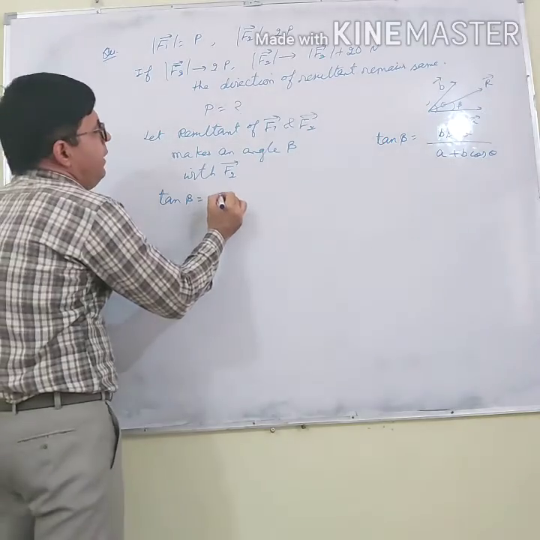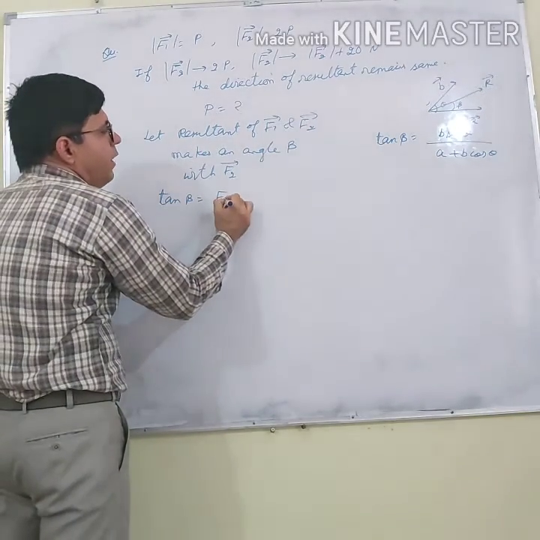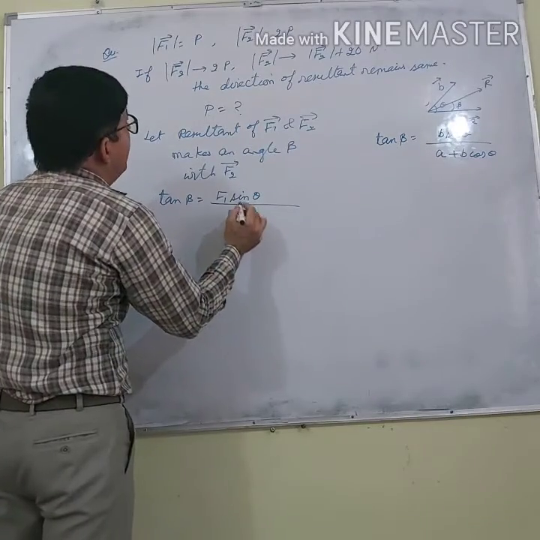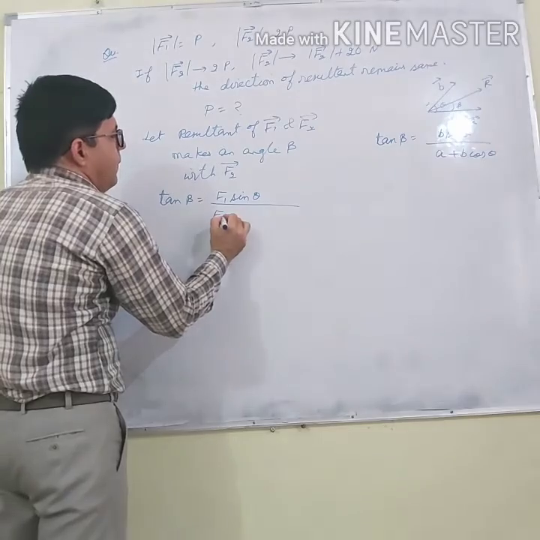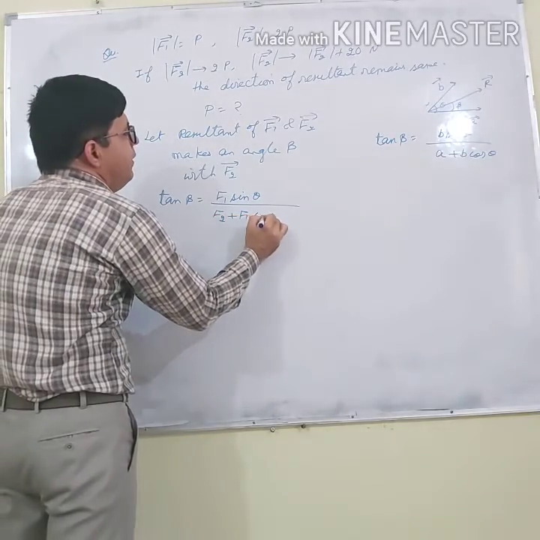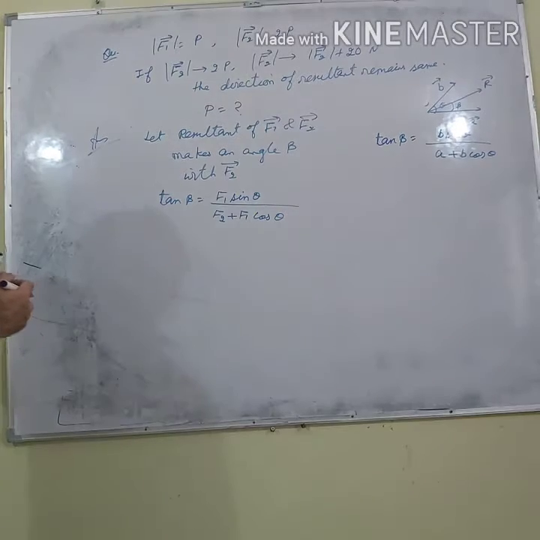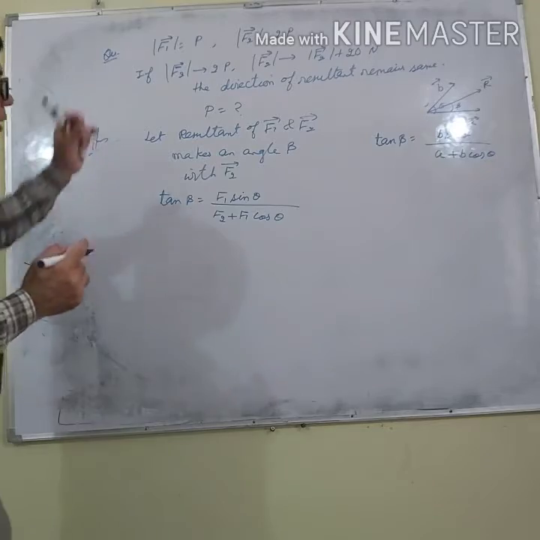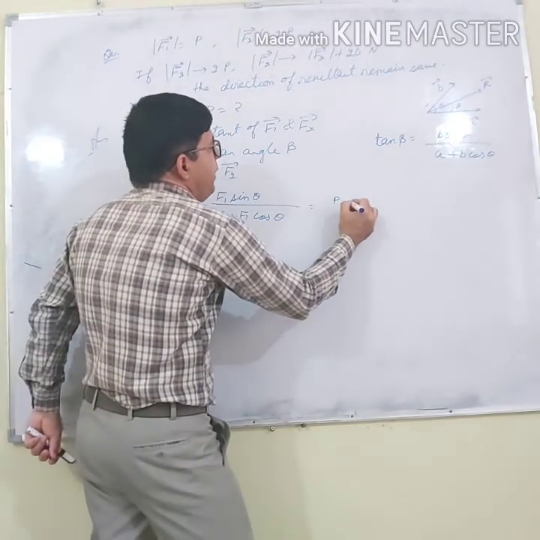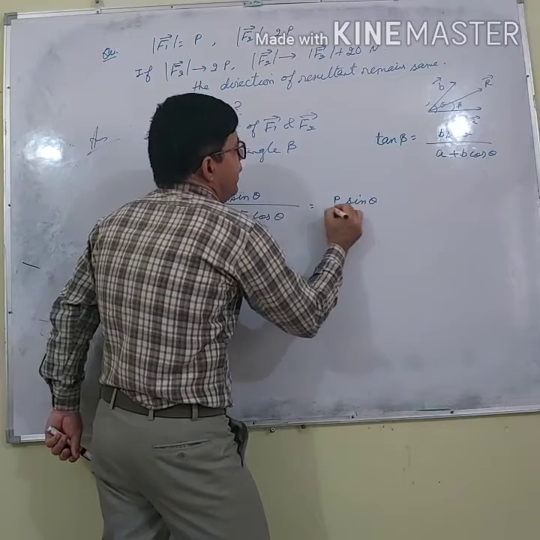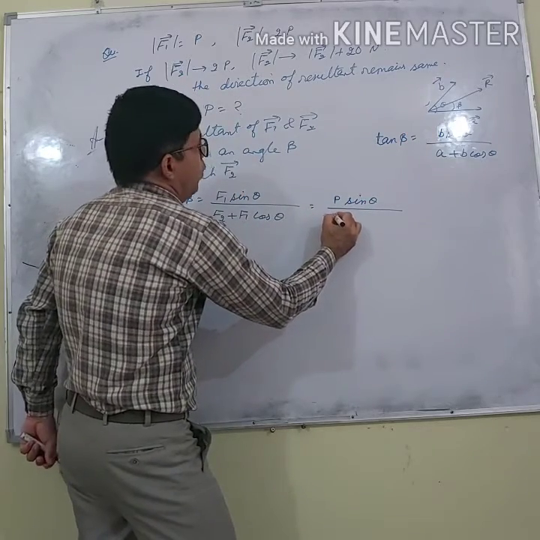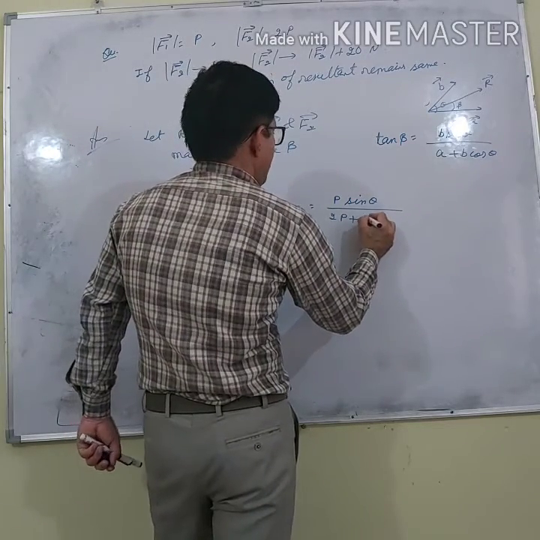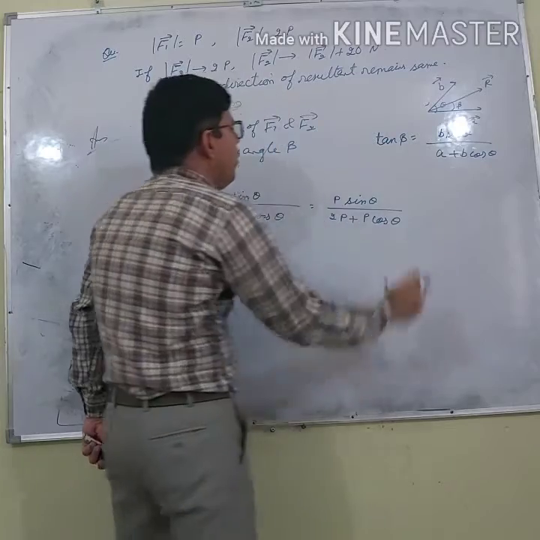Tangent beta, it is making an angle with F2, so F1 sin theta divided by F2 plus F1 cos theta. Alright? Now, what is F1? It is P, so P sin theta divided by, what is F2? 2P plus P cos theta.